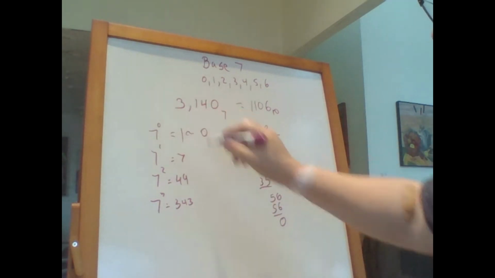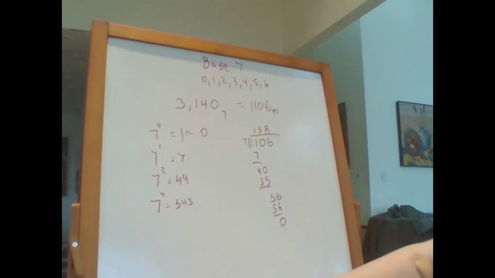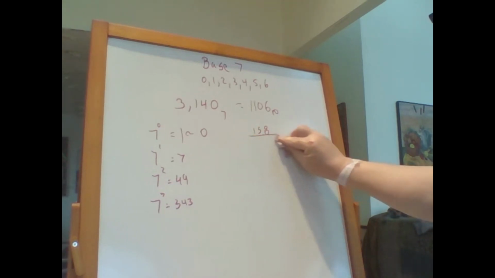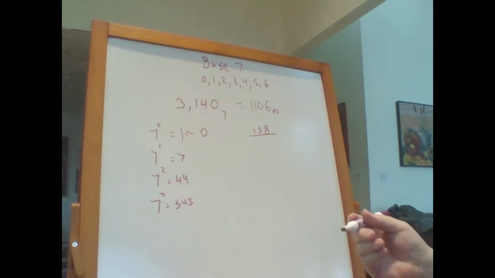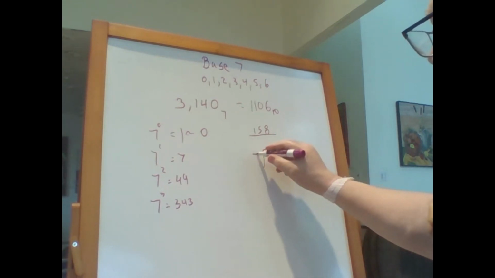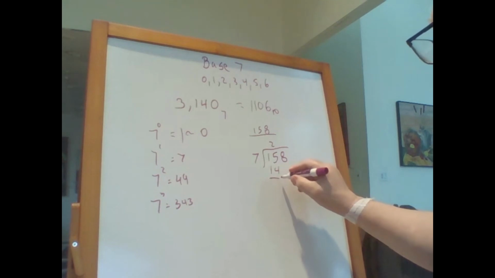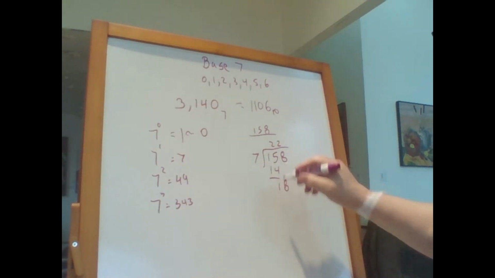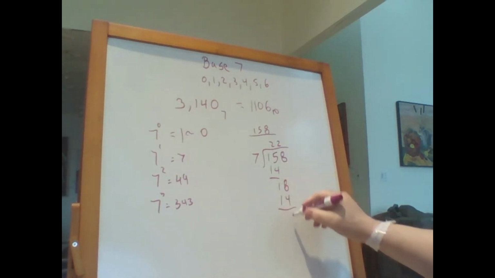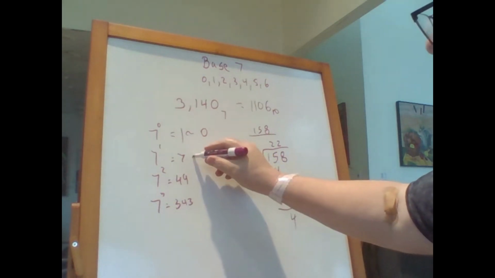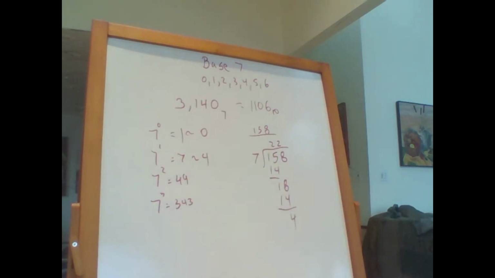It corresponds with 0. Now we have 158 as our quotient. 158 divided by 7, 3 is too big, 2, that's 14, and we got 4 there. That's our remainder 4, so that place corresponds with 4.